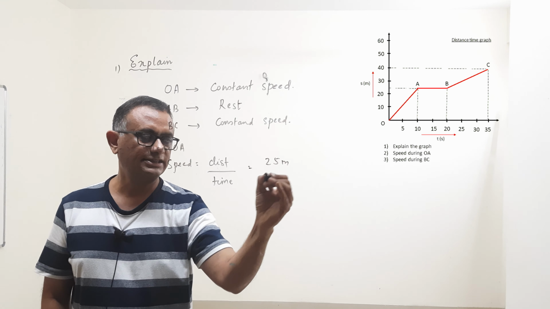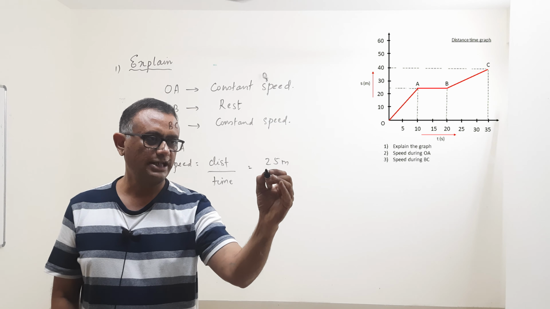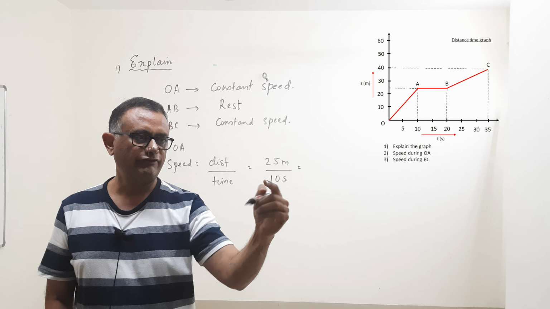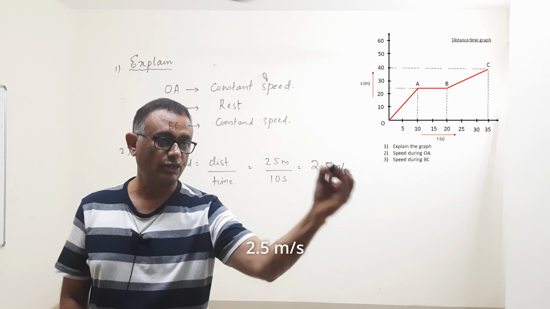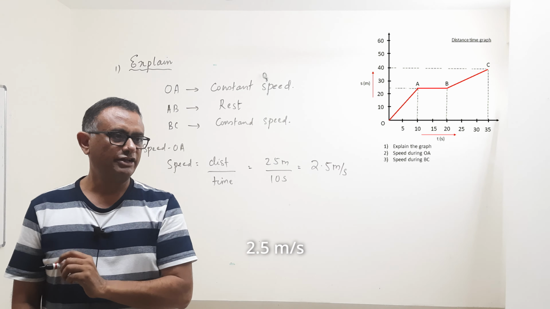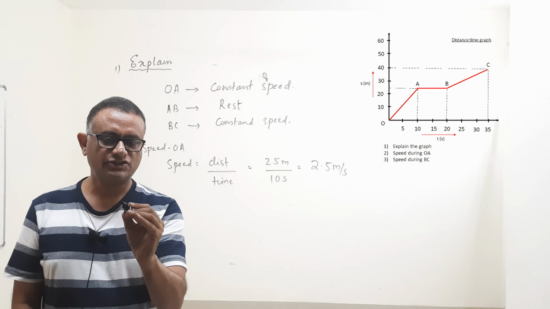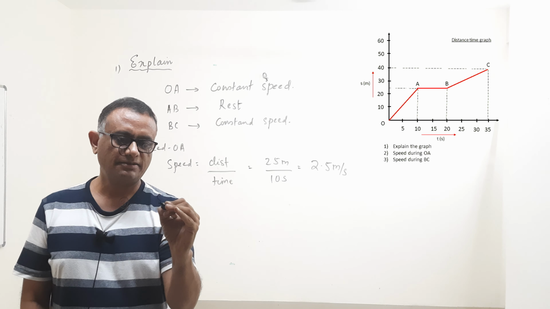And look at the x-axis and tell me in how much time it has happened. We see that that time interval is going to be 10 seconds. So 25 by 10, we get a speed of 2.5 meters per second, constant speed of 2.5 meters per second in the section OA. Then the last part is we have to compute the speed in section BC.